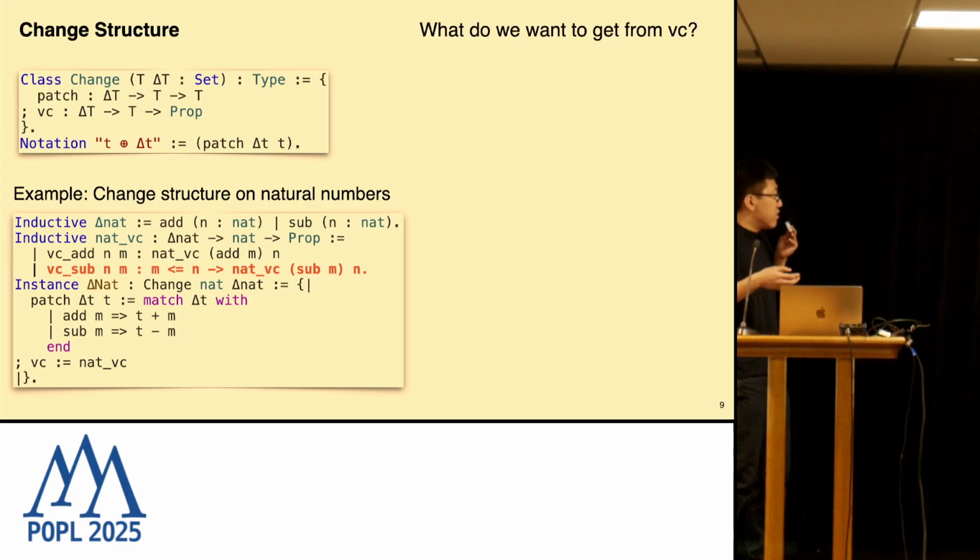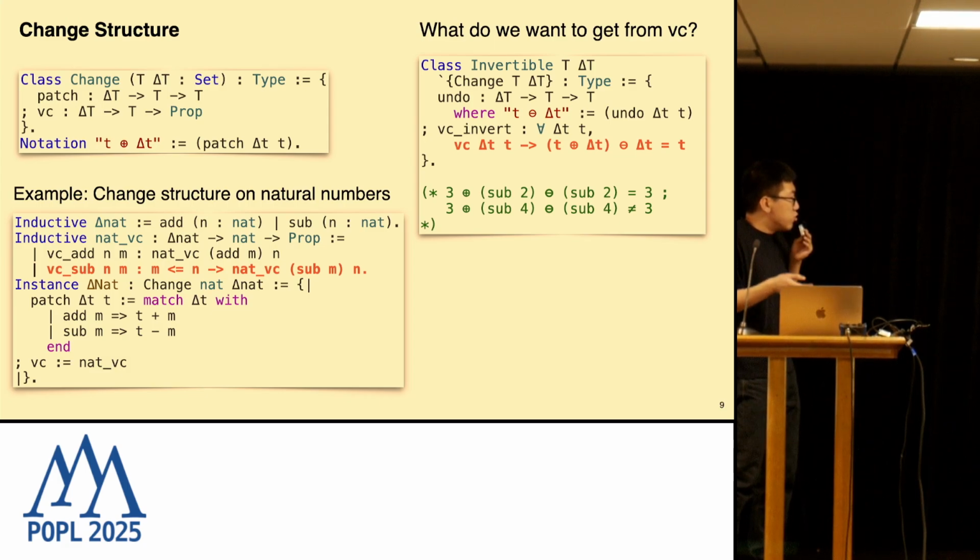And here is a very interesting question. What do we want to get from VC? As we can see in the change structure, VC is nothing but a custom binary relation. But what we want to do with VC is prevent arbitrary changes on the values. So how do we visualize VC using the Coq language? This stumped me for a while. After that, I realized that what we want VC to do is to make the changes invertible.